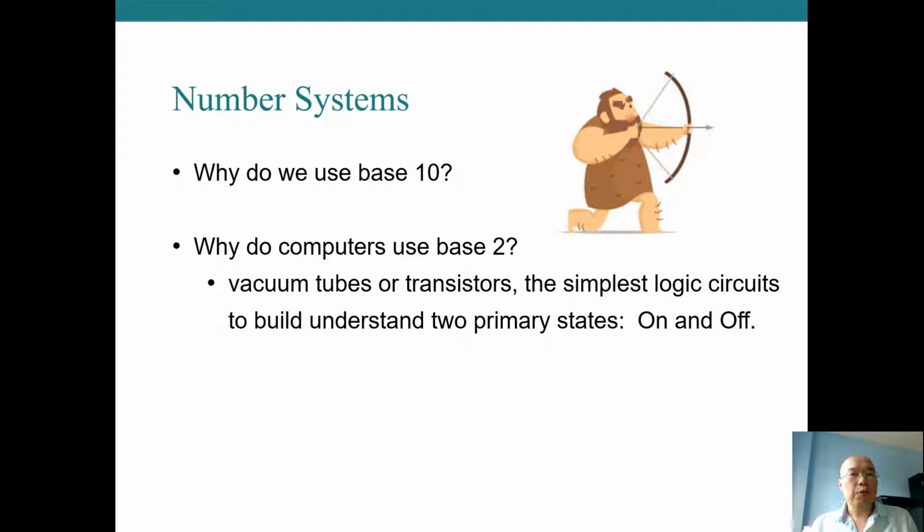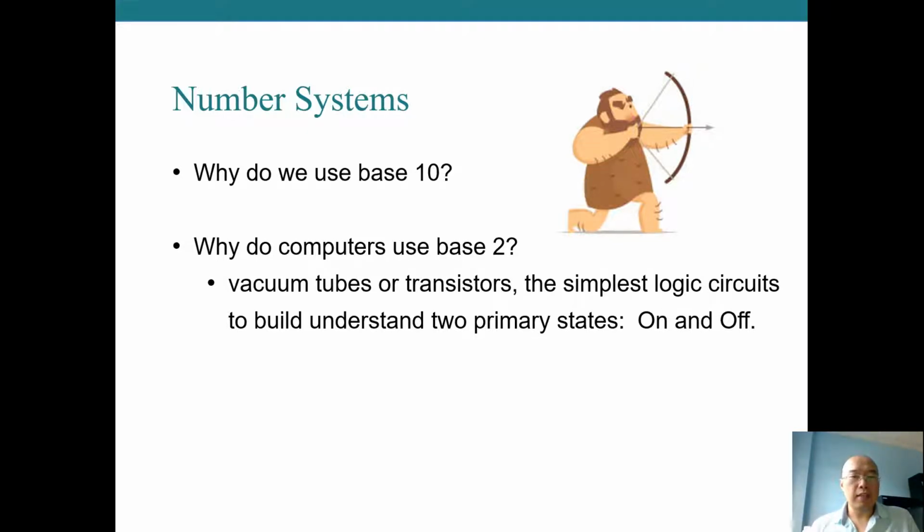Or if I do 3, I can do 3 like this, or this, or this. Anyhow, we have 10 fingers, and this is probably the easiest number system for human beings. But why do computers use base 2?